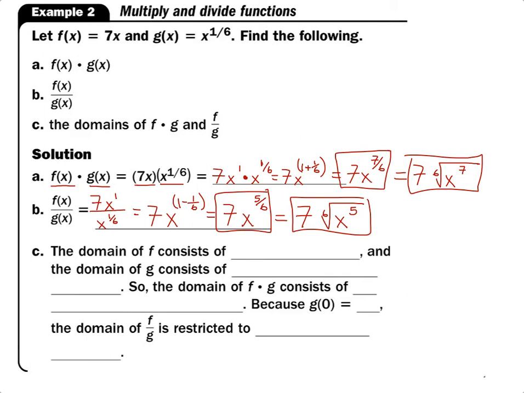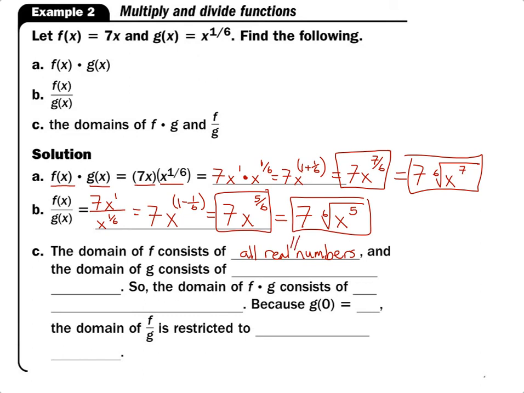This one's a little more interesting than in example 1, because it says the domain of f consists of, if you look at f, that 7x thing, and that's all numbers, so all real numbers. And by the way, that's kind of a lot to write for something we're going to write a lot in life.